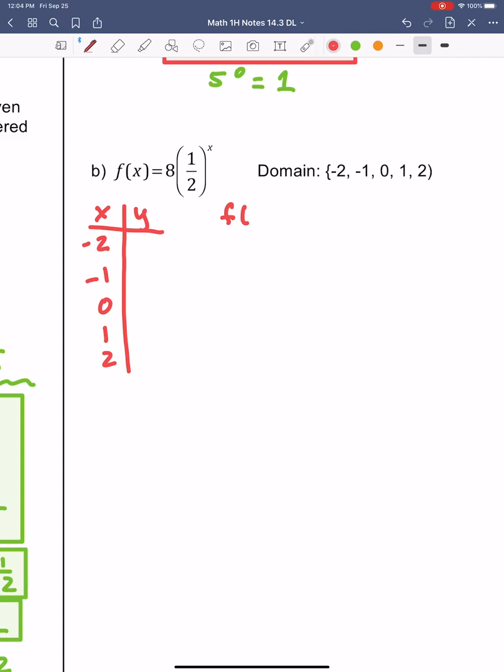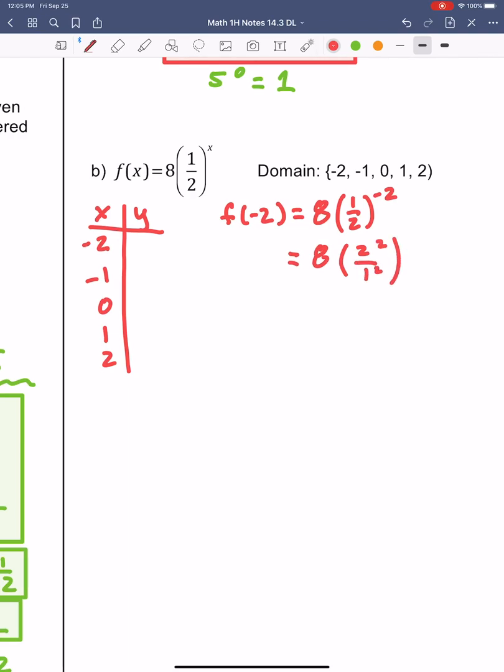F of -2 equals, let's see, that's going to be 8 times 1/2 to the -2 power. Okay, remember we said with negative exponents, they're going to flip my fraction. So this becomes 8 times, flip this to 2 over 1, right? Flipped it upside down.